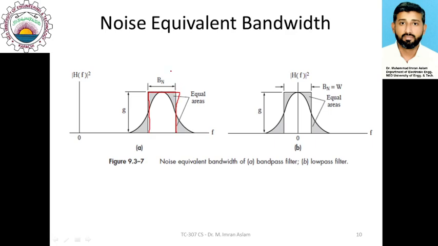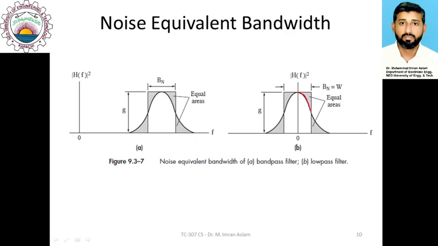Whatever bandwidth is required by that rectangular shaped filter is named the noise equivalent bandwidth. In order to maintain the same power, whatever power is in this band of the rectangular filter is equal to the amount of power which resides outside that filter.